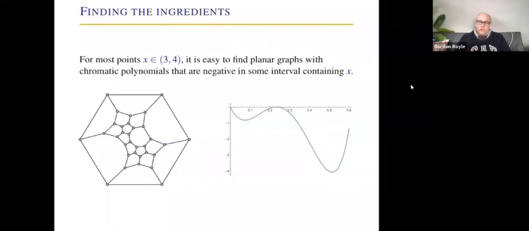You just search almost randomly and you can find, so here's a random planar graph and here's a region where it's negative. And so now we fill that in. We know that we can find planar graphs to make chromatic roots dense in that little region. And let's do another one. So anywhere that we find some planar chromatic polynomial going negative, we have solved the problem of proving that the planar chromatic roots are dense in that region.